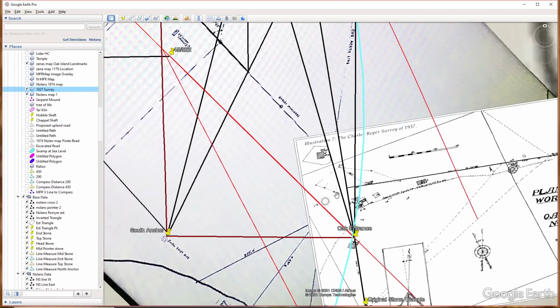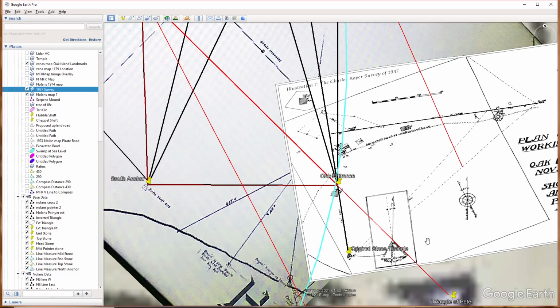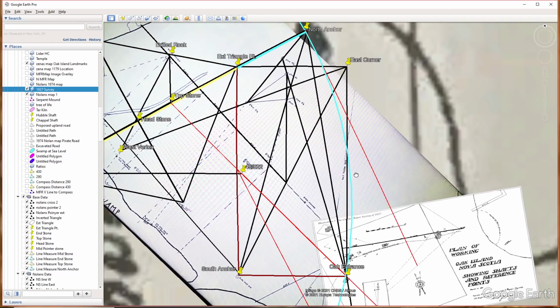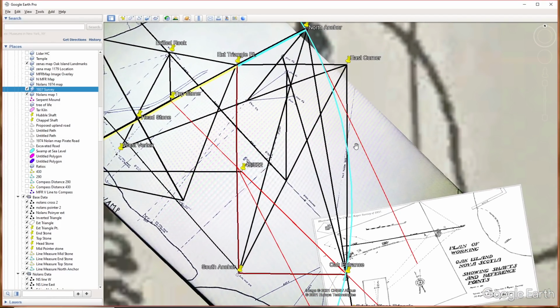It takes a while for that to upload. So what I'm saying is that line is basically this 7-degree line that comes through there from the stone triangle to the north anchor.